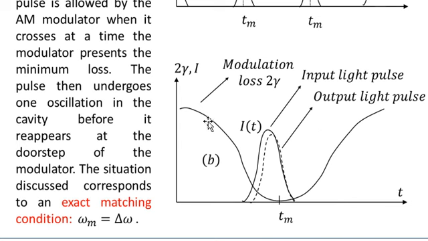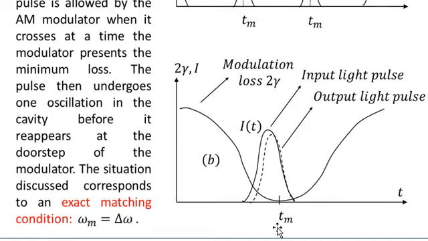So this curve is the modulation loss represented by 2 gamma as a function of time. This solid line is actually the input pulse which is incident on the modulator, and this dotted line is the output from the modulator, or output pulse from the laser.